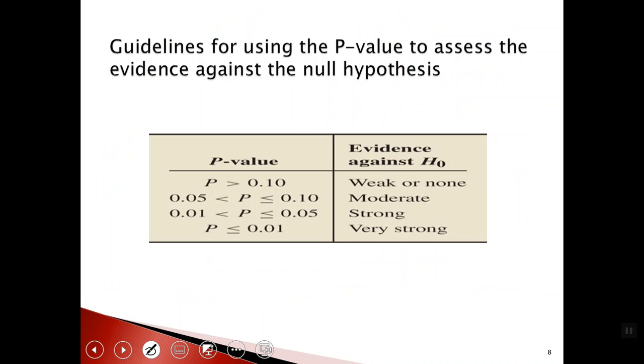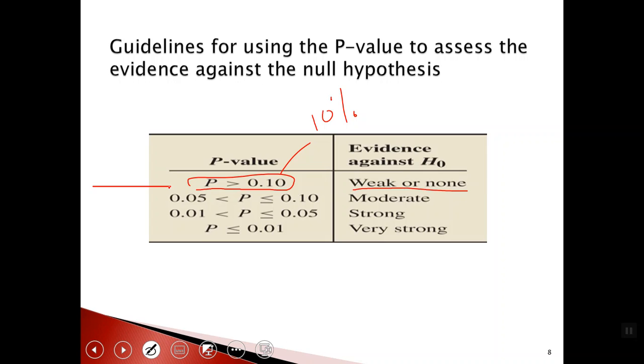Here I have mentioned some p values and how they affect your null hypothesis. If your p value is greater than 0.1, which is 10%, then the evidence against your h naught is very weak.